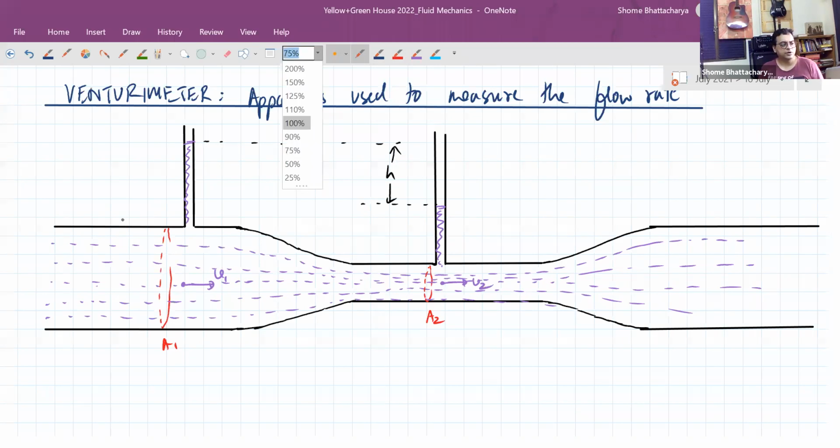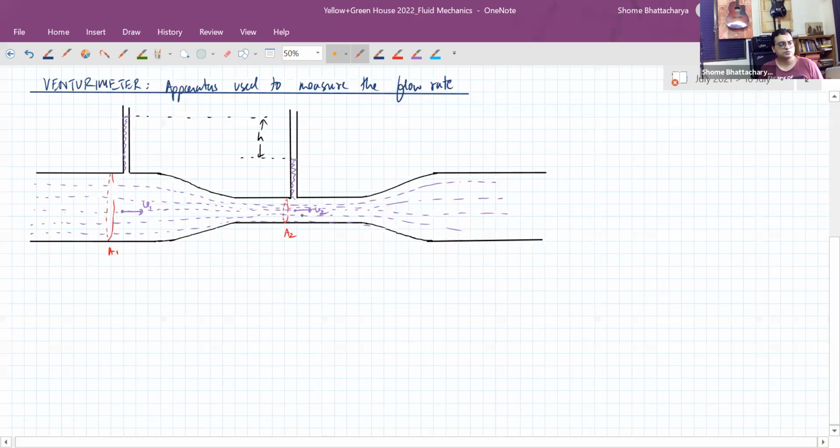So if I select this point as my point 1 and this point as my point 2, and this is an ideal fluid of density rho, which is in steady flow like this, then comparing the 2 points, I can see that half rho V1 square plus P1 should be equal to half rho V2 square plus P2.